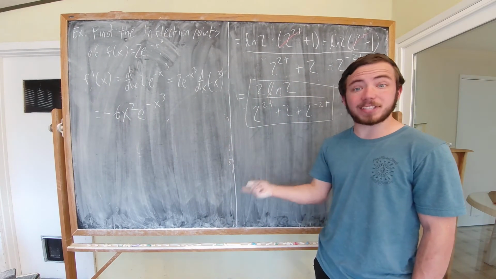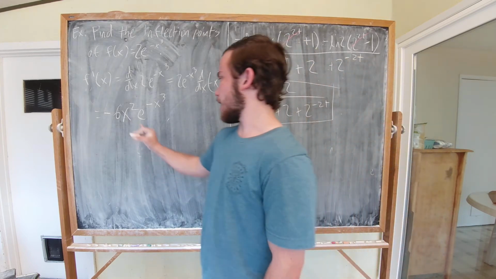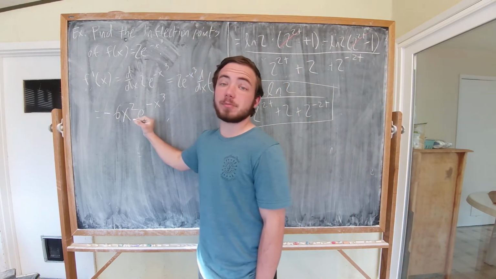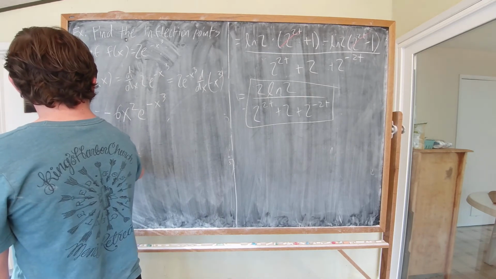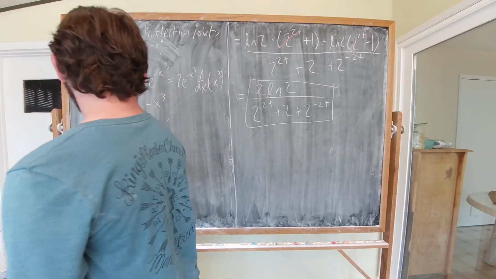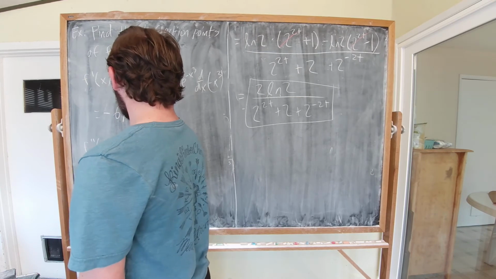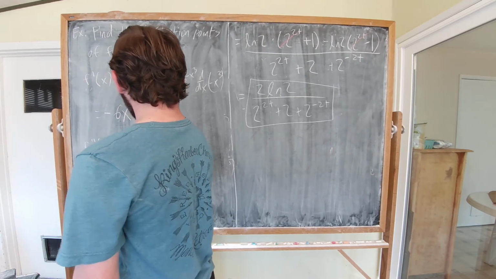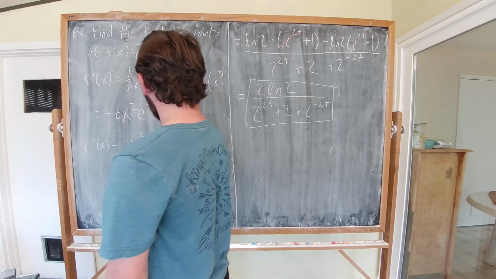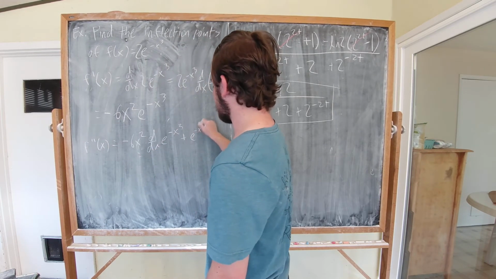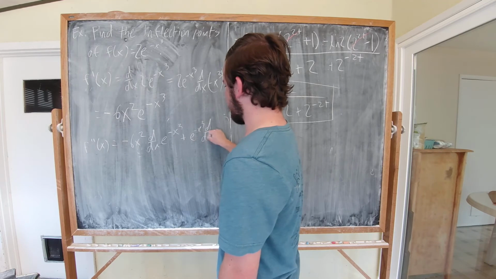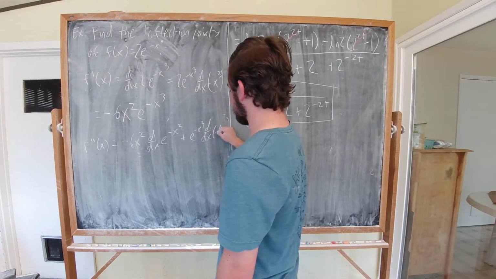Now we have to take our second derivative. I see that here I'm going to have to use the product rule. Oh well. F double prime of x will be first times derivative of the second plus the second times the derivative of the first.